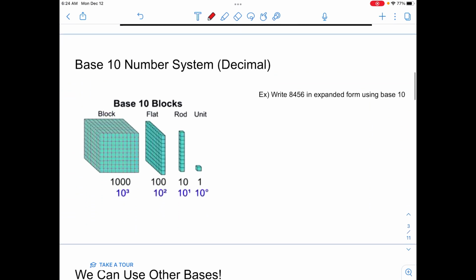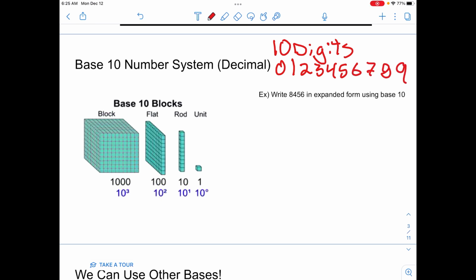So let's start by thinking about our number system, the decimal number system. We use what's called a base 10 number system. So we have 10 digits. Think about this, this is pretty cool. Every number we have can be made up by 0, 1, 2, 3, 4, all the way up to 9.